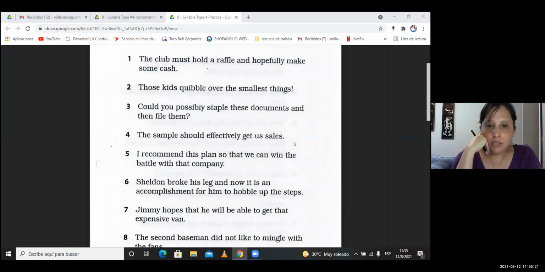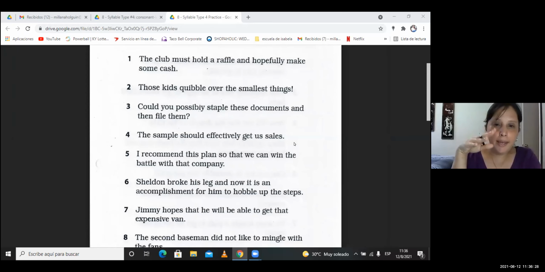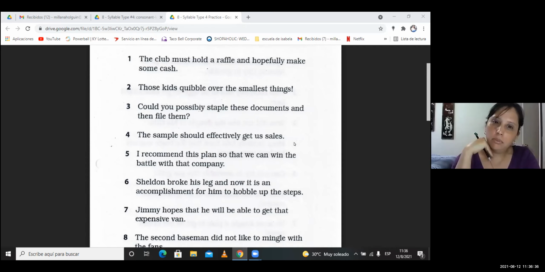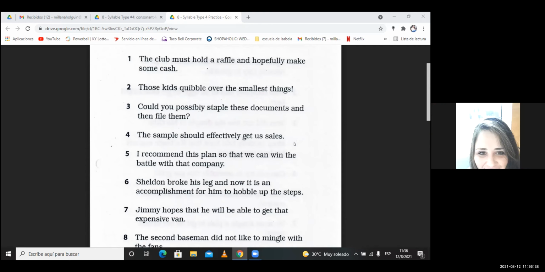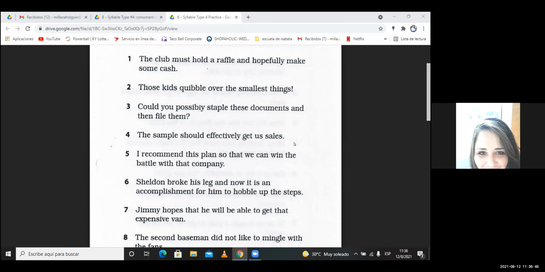And the word is sample. We can break between M and P. Sam is a closed syllable with short sound. Ple is an LE syllable.